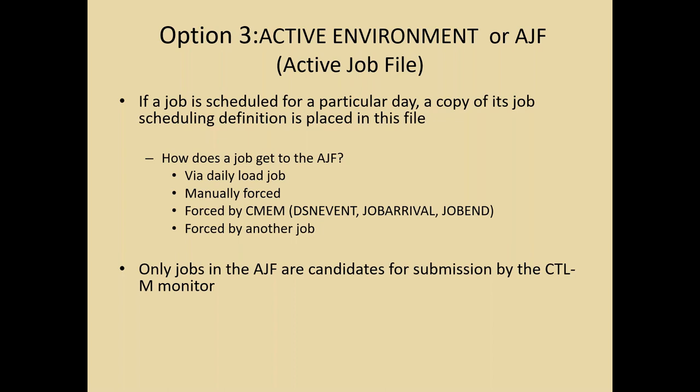Then second is how the jobs are forced. Option 3 is manually forcing. Suppose I want a job A to come to AJF, the active job file, today. When I check my cycle, I find that job A is not there. So what I will do is go to option 2, schedule library.